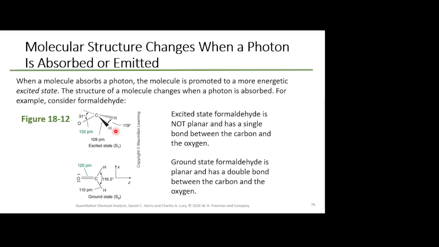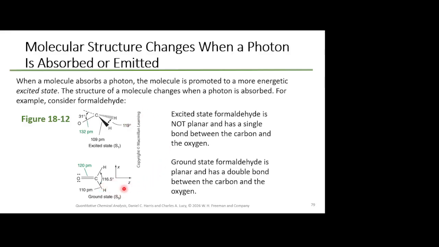The excited state of formaldehyde is actually going to move that oxygen out of that plane. So we don't really have the normal double bond structure for that oxygen anymore. We're actually going to leave behind some of that pi bond orbital structure.